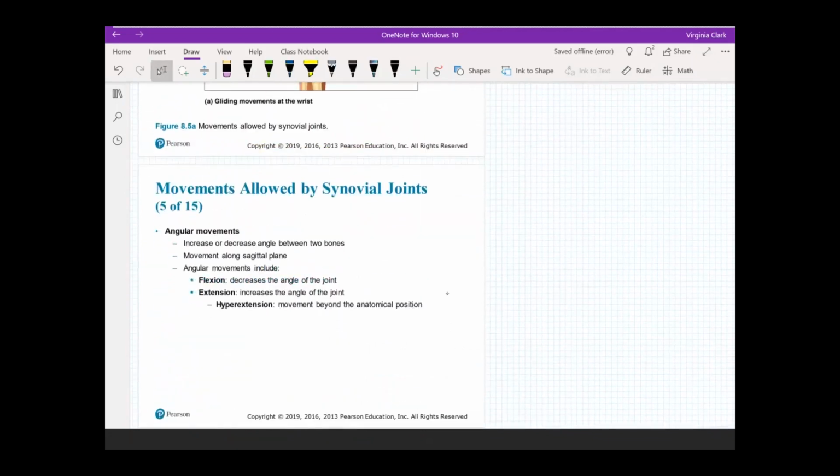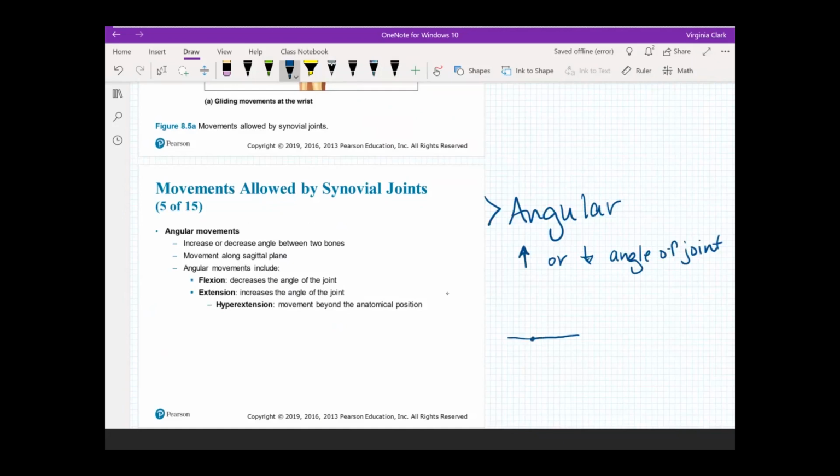Okay, the next type is going to be angular movements. And this is where you are going to be increasing or decreasing the angle of the joint. So with our cute little 4-year-old up there who went from here's his arm, elbow, here's his hand, here's his body.